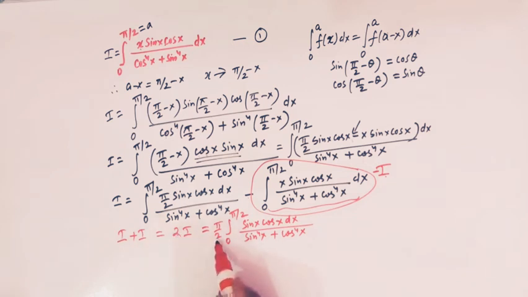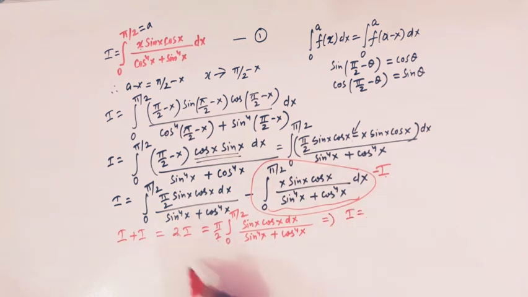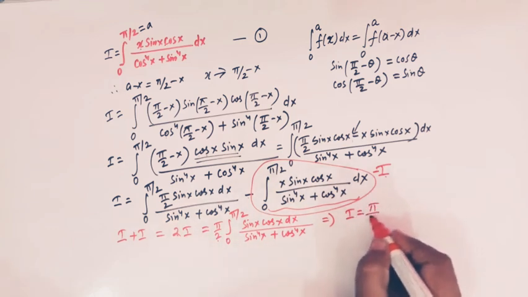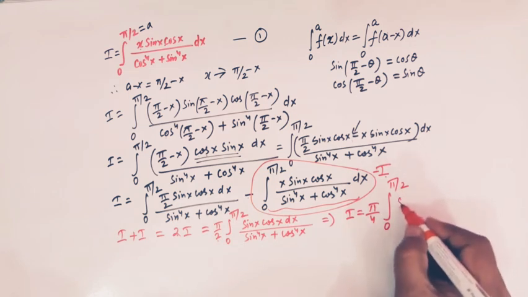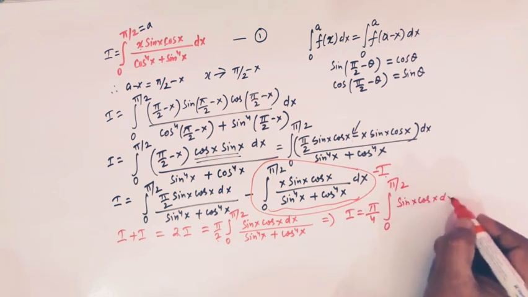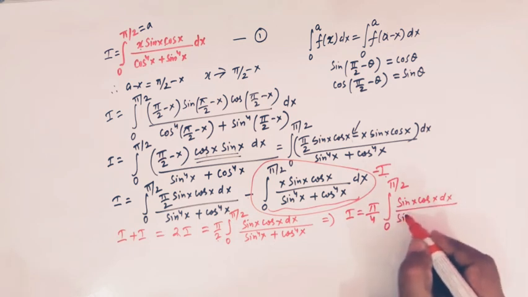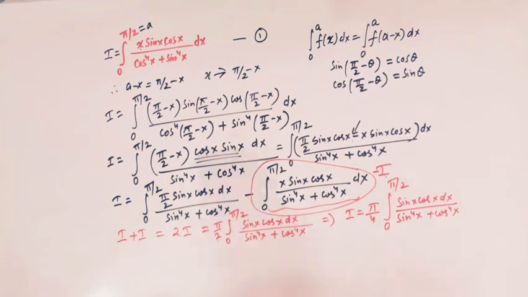Now this 2 can be taken to the other side, so finally we have I is equal to pi by 4 times the integral from 0 to pi by 2 of sin x cos x dx over sin^4 x plus cos^4 x.